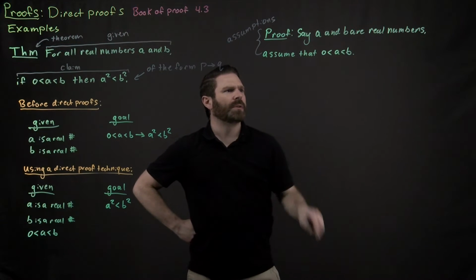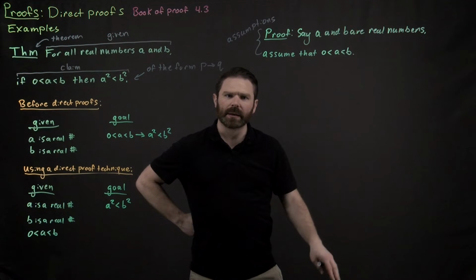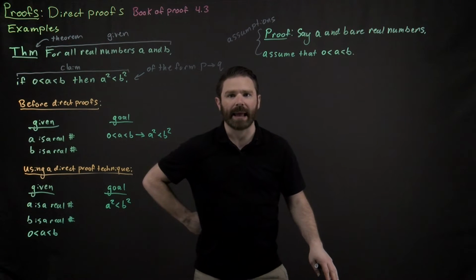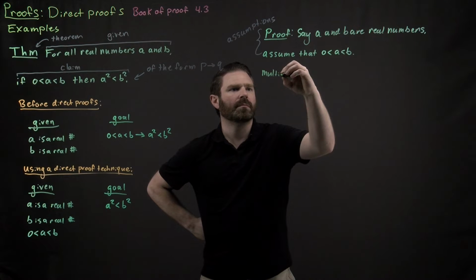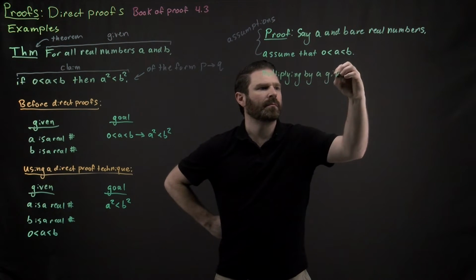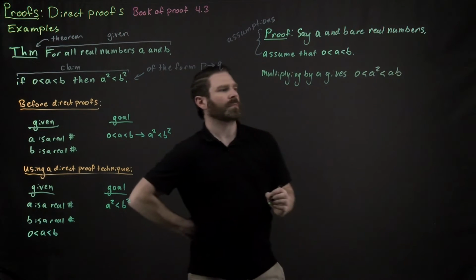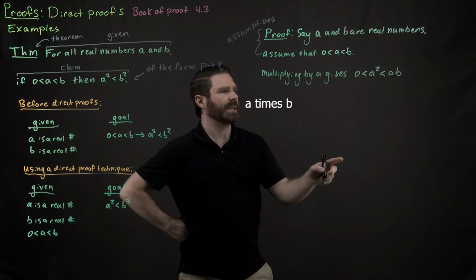I see this inequality right here, and I see the thing that I'm trying to show involves squares. So the first thing that I might try to do is multiply through by, well, let's say a. Multiplying through by a gives 0 is less than a squared is less than ab.